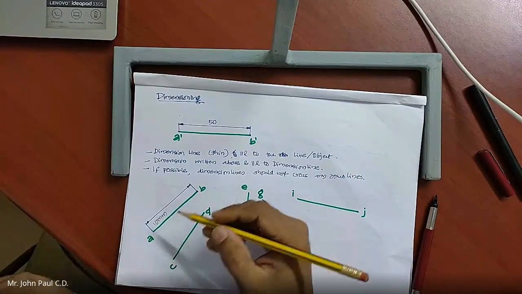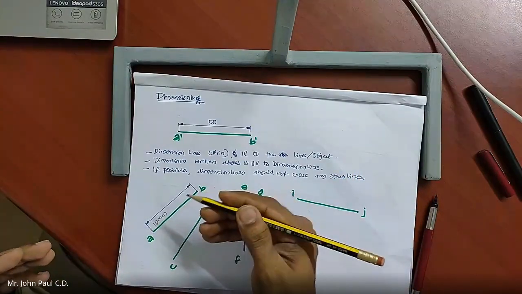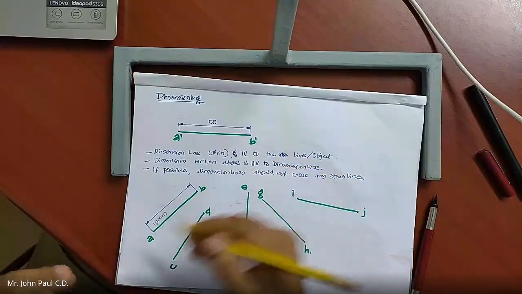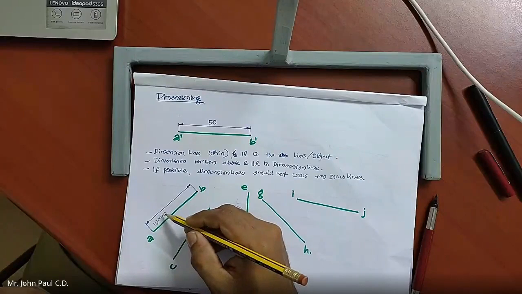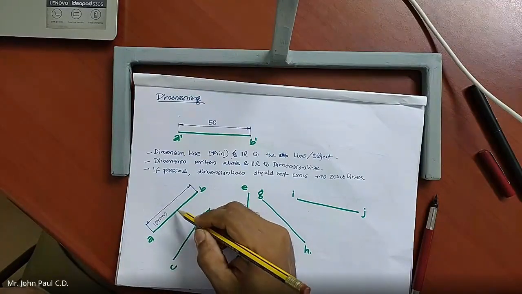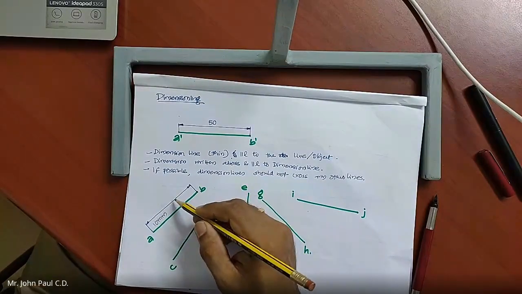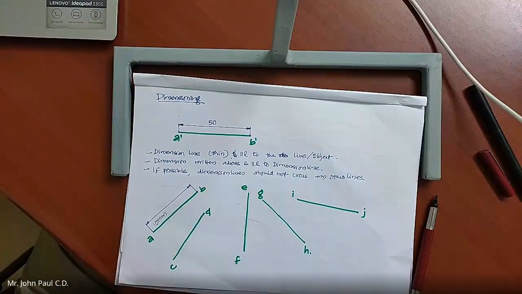You do not measure it. It could be 8, 9, 10, or 11. That won't make any difference, but keep a uniform distance between the object and the dimension line. That would be nice.